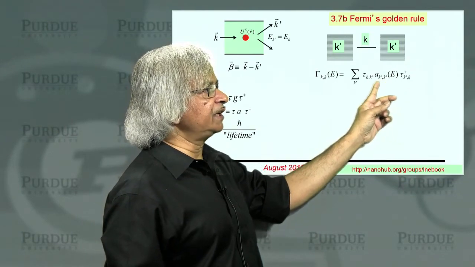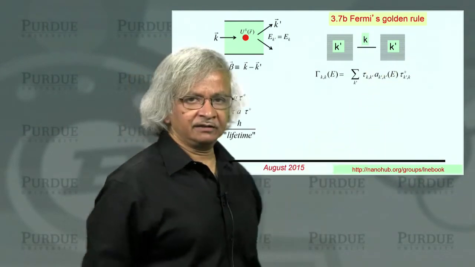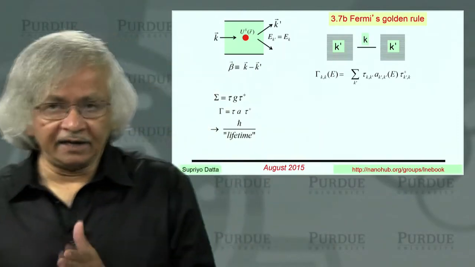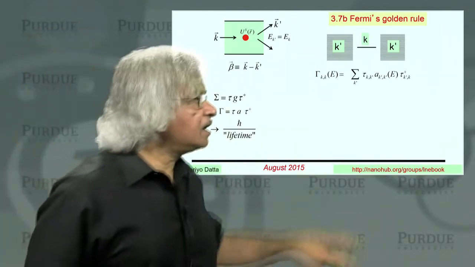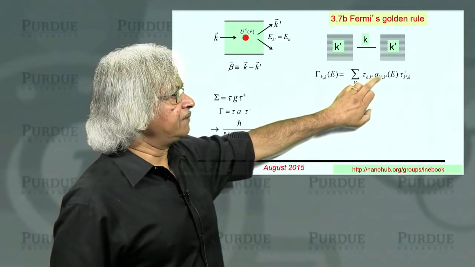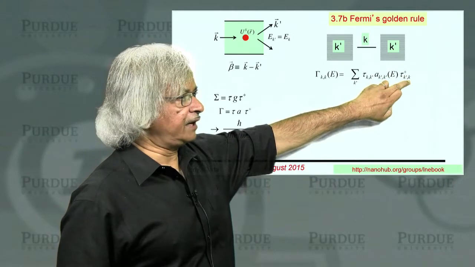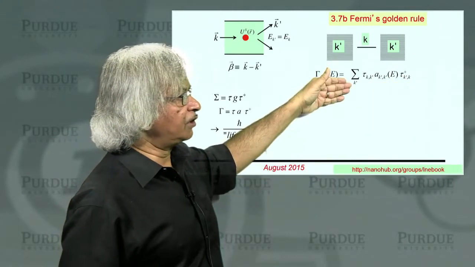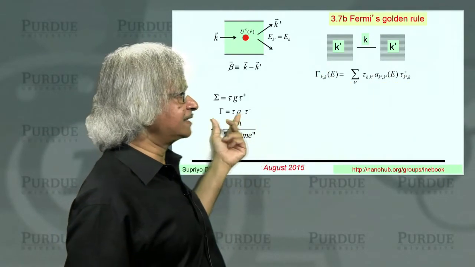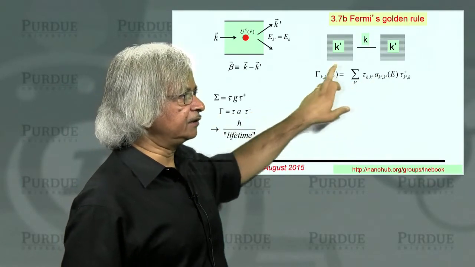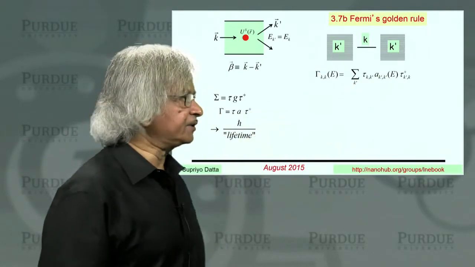And what you're assuming is that the spectral function is also diagonal, which is true if these are eigenstates. So you have tau k k prime, then A k prime comma k prime, then tau k prime k, and sum over all k prime. That's the expansion of this, assuming that A is diagonal and you're looking at the diagonal elements.